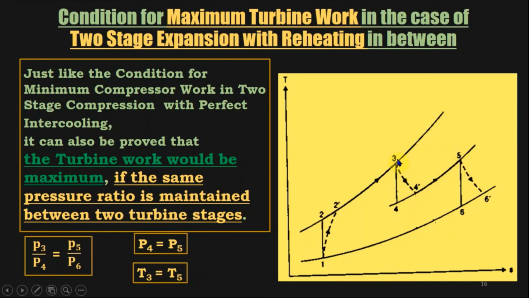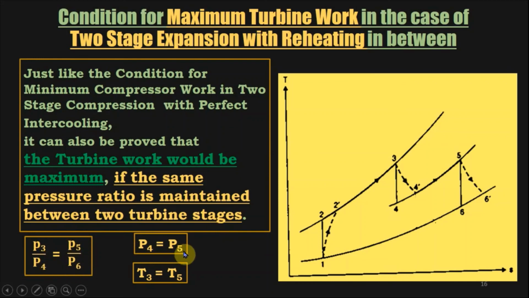So the first stage ratio is P3 by P4 and the second stage ratio is P5 by P6, and if they are equal, that is the necessary condition for maximum turbine work. In other words, the turbine work would be maximum if the same pressure ratio is maintained between the two turbine stages, that is P3 by P4 is equal to P5 by P6.